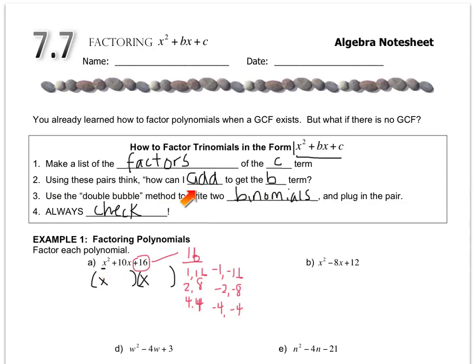Take a look at the list. If you picked 2, 8, then you found the right pair. Now you just plug it in. x plus 2, x plus 8, and that's your answer. x plus 2 times x plus 8 equals x squared plus 10x plus 16.